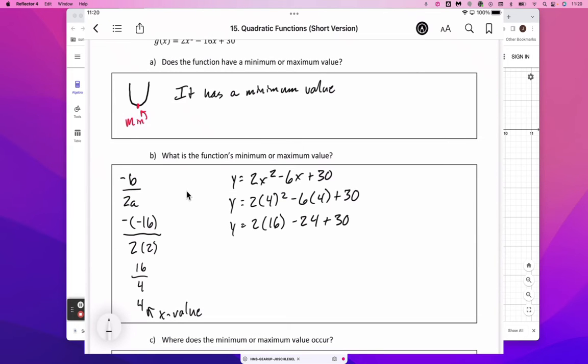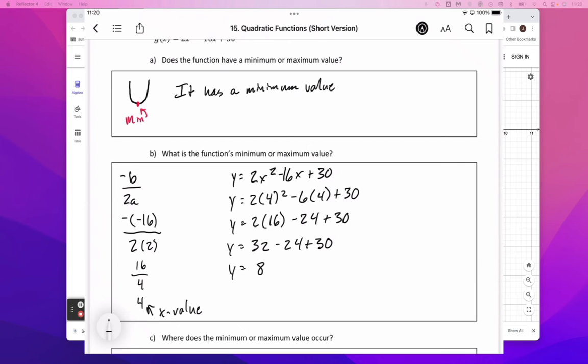And just checking my math really quick. Okay. We have y equals 32 minus 24 plus 30. So 32 minus 24 is going to give us 8. Sorry, something is goofy. Let me pause for a second and find my mistake. So it looks like I made a typo.